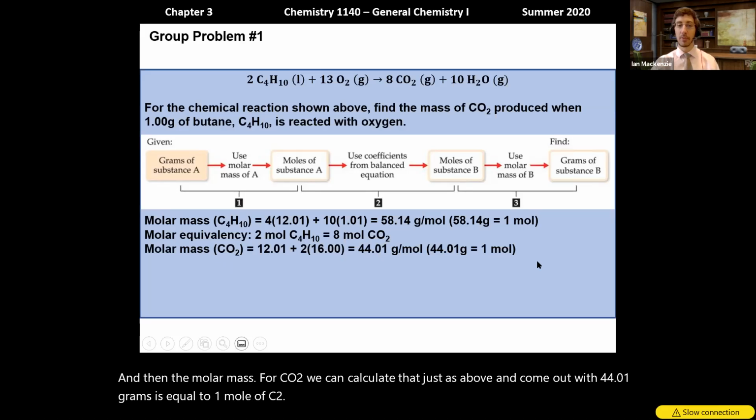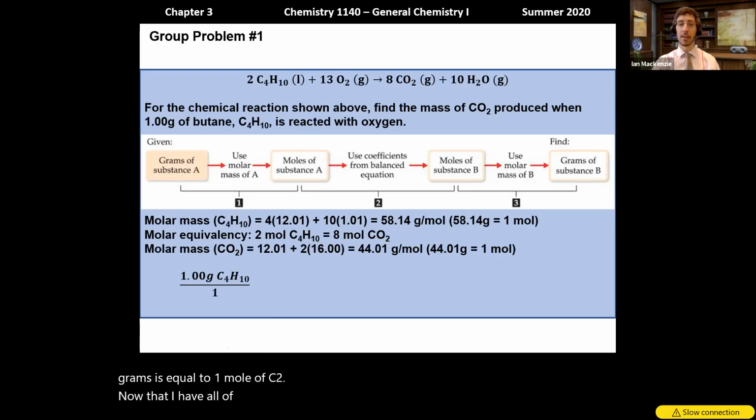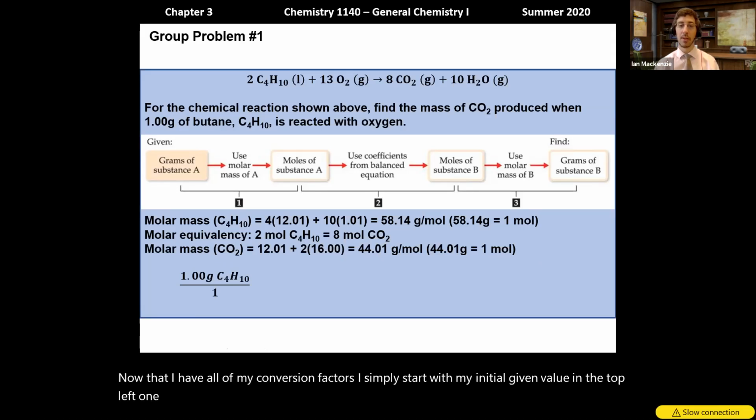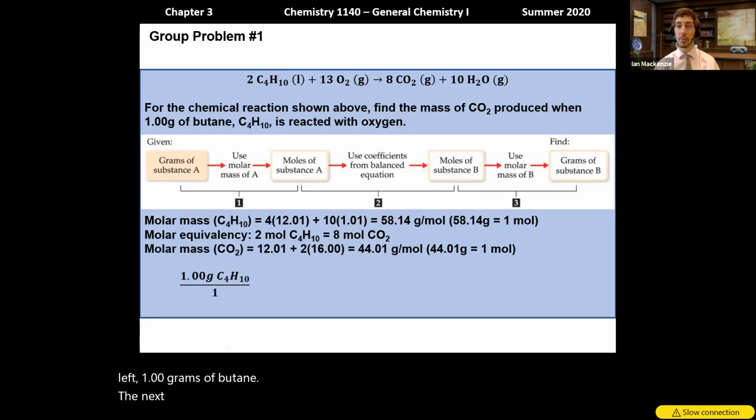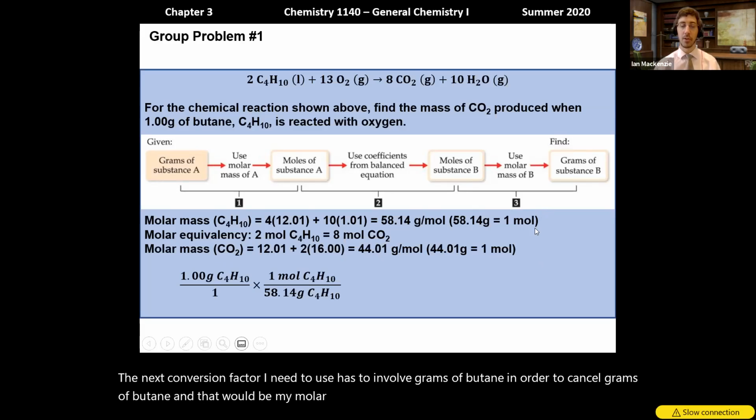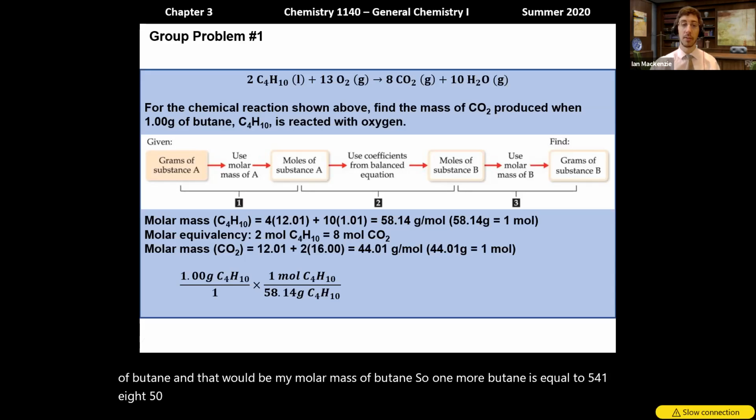Now that I have all of my conversion factors, I simply start with my initial given value in the top left, 1.00 grams of butane. The next conversion factor I need to use has to involve grams of butane in order to cancel grams of butane, and that would be my molar mass of butane. So 1 mole of butane is equal to 58.14 grams of butane. So grams of butane is on the bottom to cancel grams of butane on the top.